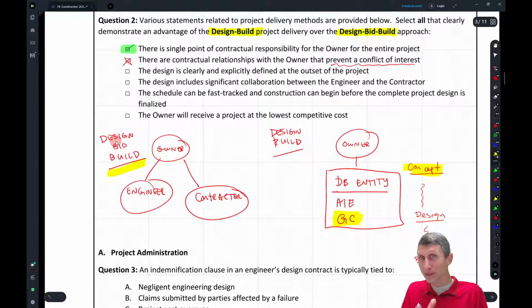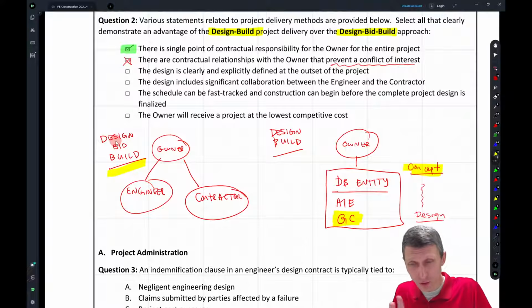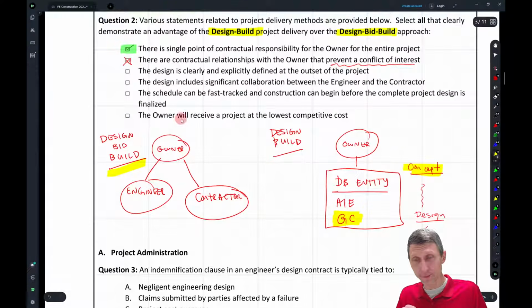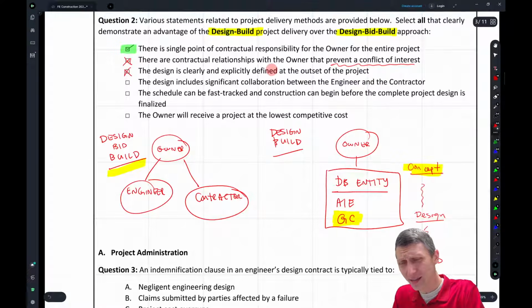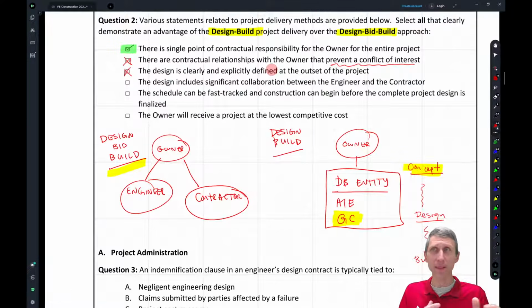So in the design bid build, everything's done before you bring a contractor on board. Everything's clearly and explicitly defined at the outset of the project, or at least it's supposed to be. It doesn't always work that way, but it's supposed to be. Whereas design build, you basically start with a conceptual design, and you have to go from there.